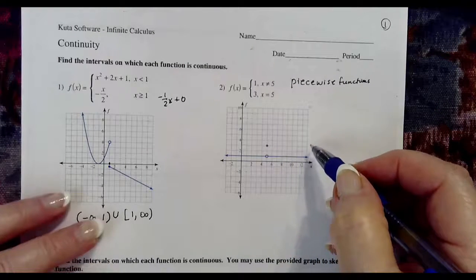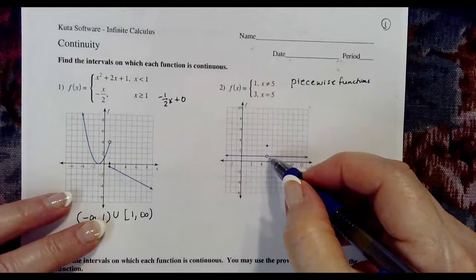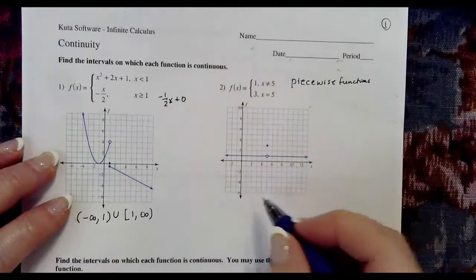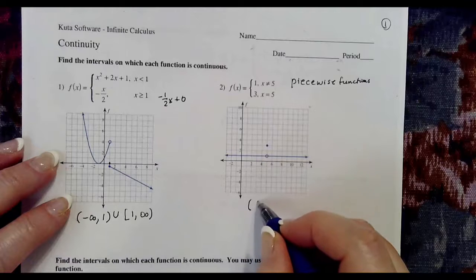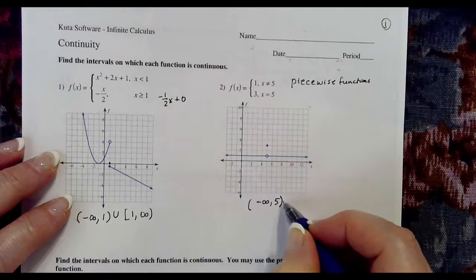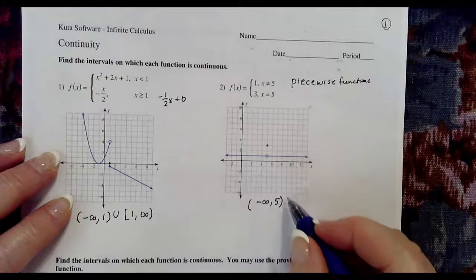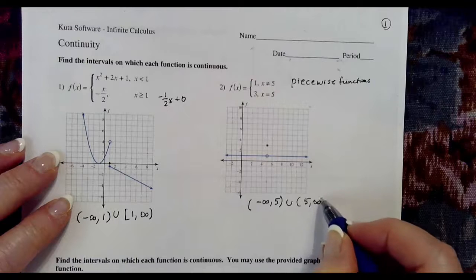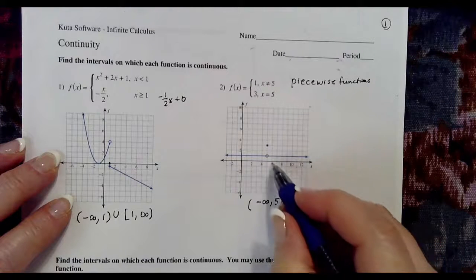So where does it stop being continuous? Again at 5. So our answer is parentheses negative infinity to 5 parentheses, because it's an open circle, union with parentheses 5 to infinity. Again, parentheses because it's an open circle.